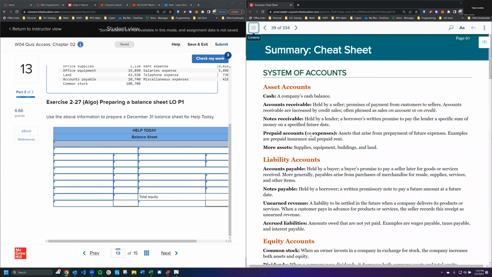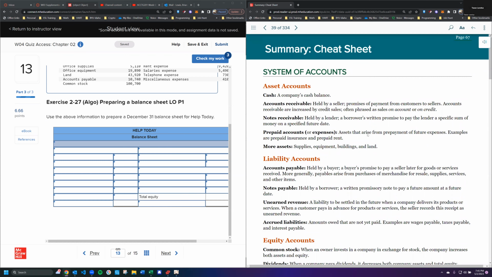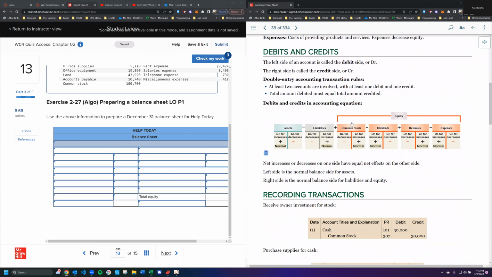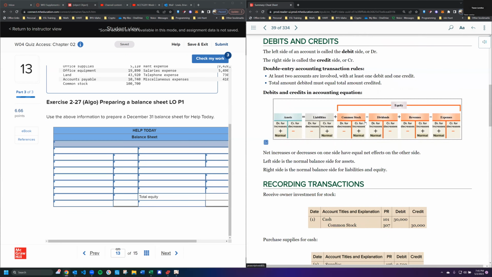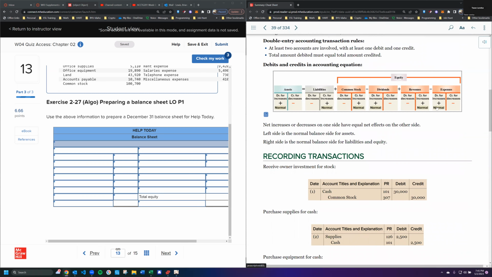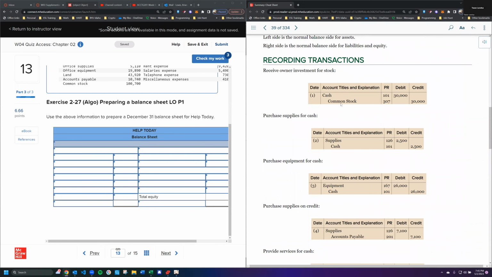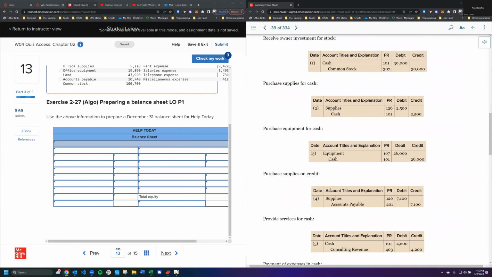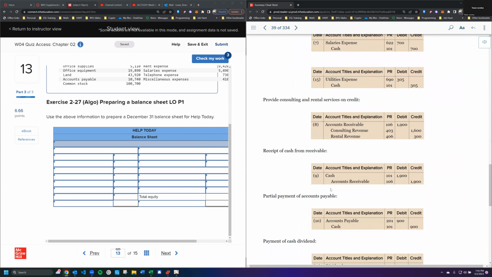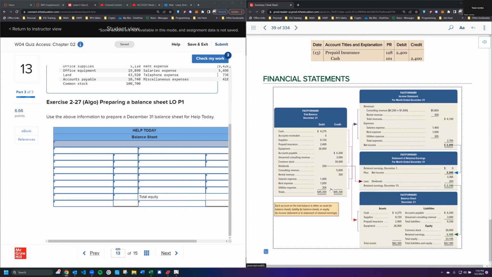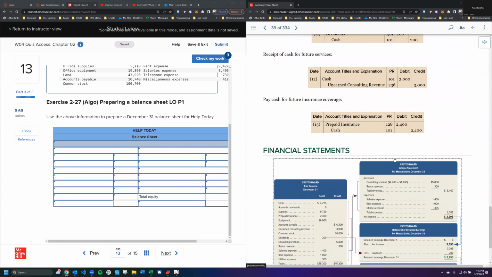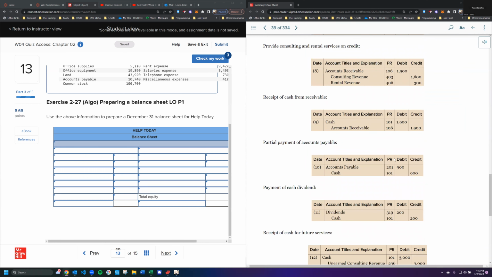If you bring that up, it gives you all the definitions, more information about T accounts, and how to record specific types of transactions, right? And what do you know, there's financial statements. So you can pull up this cheat sheet and have it right on your computer for the quiz and quiz access.